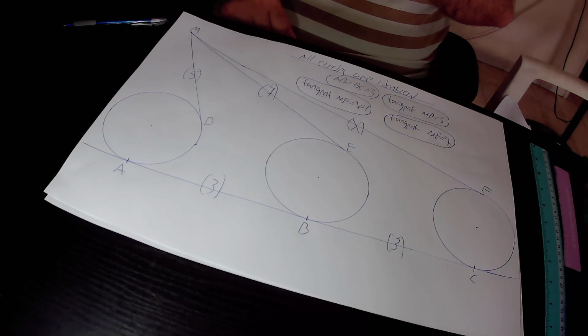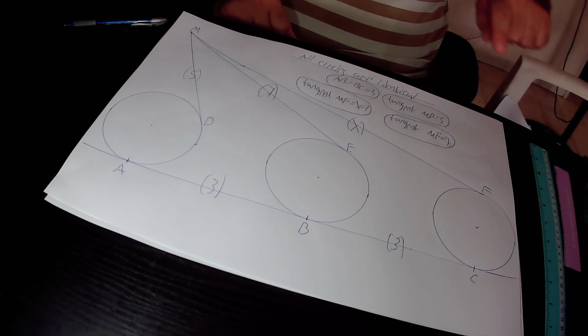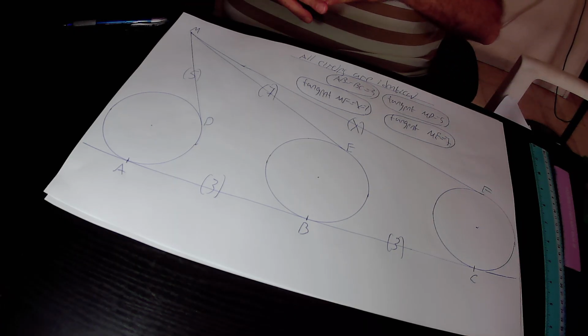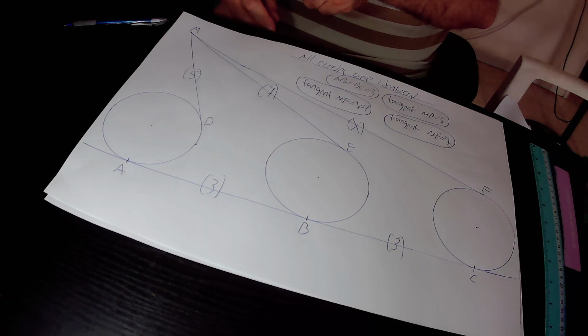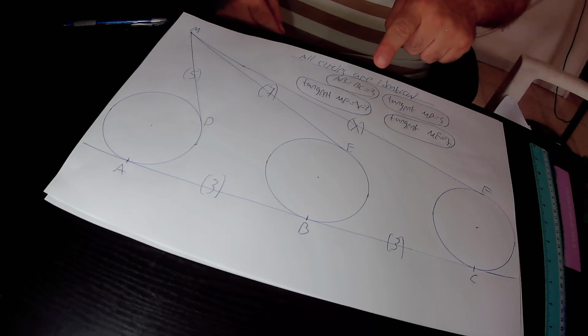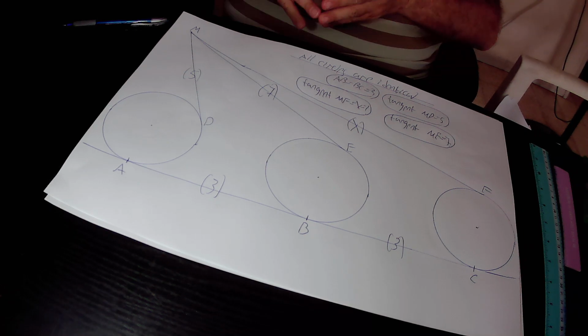And finally, we have tangent MF, that is tangent to this circle at point F, and the length of this tangent MF is x. Our mission is to find the length of tangent MF, which is x. We have to find the value of x.